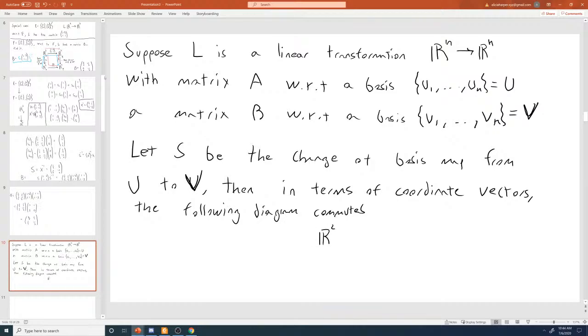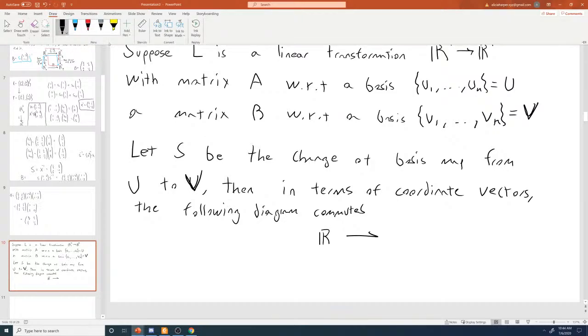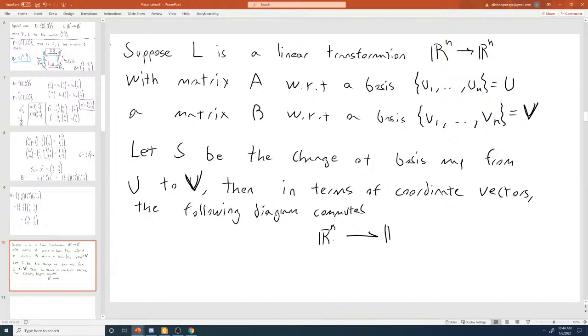So we have the map from Rn to Rn with respect to the basis U, and this is given by the matrix A, and then we have it in terms of the basis V, and it's given by a matrix B.